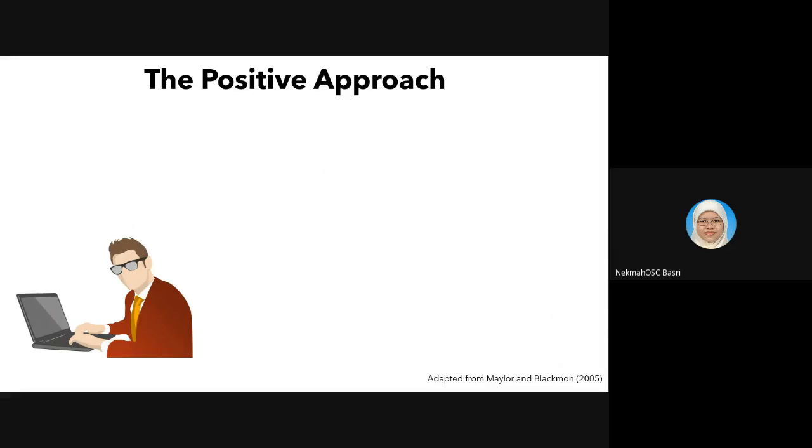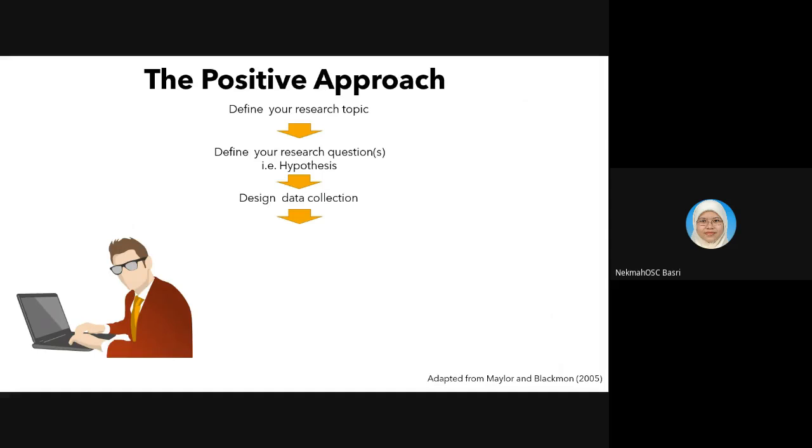Okay, the positivist approach. First, we have to define our research topic. And then after that, we define our research question, our IV, our DV, and what hypothesis we have. Then we design the data collection and we design the data analysis.